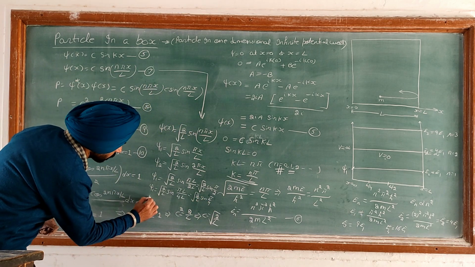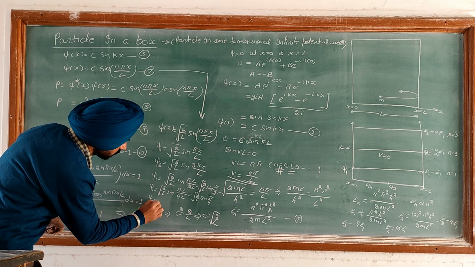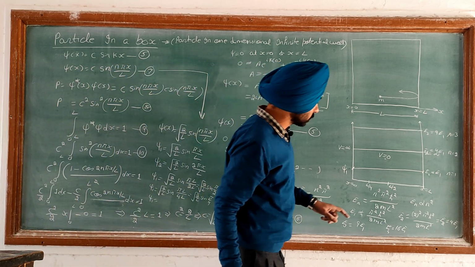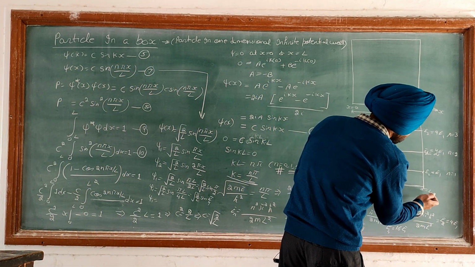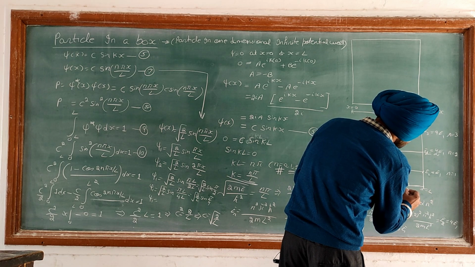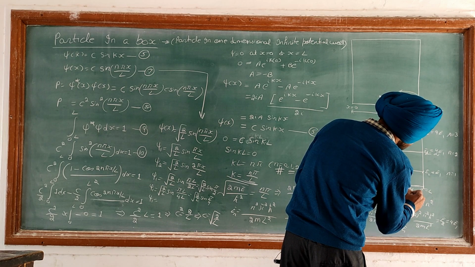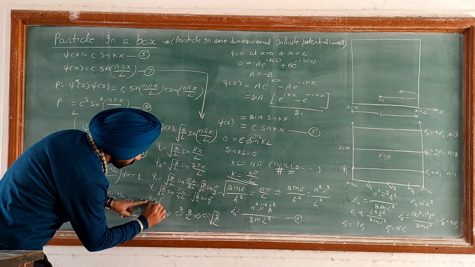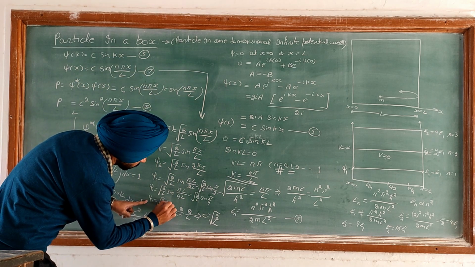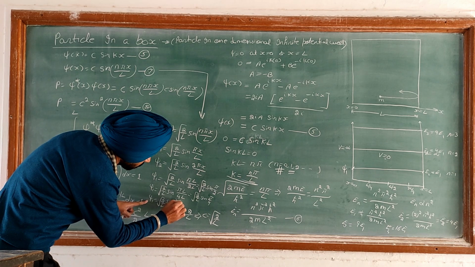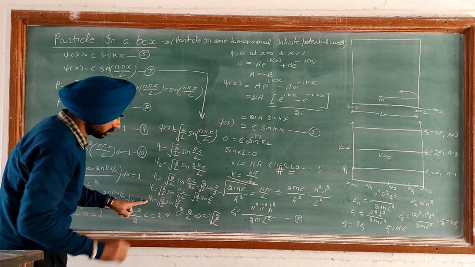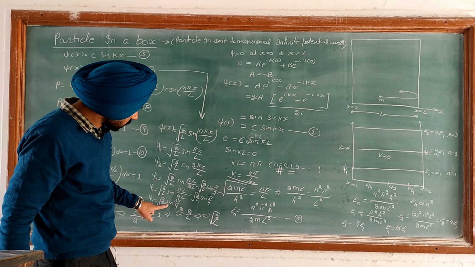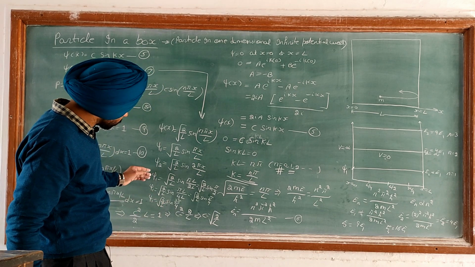And if we talk about psi 1 at x between L by 2 and x equal to L, so it is 3L by 4. So at 3L by 4, psi 1 will be square root 2 by L sine 3 pi by 4. And now you can see what is the behavior of this psi 1.